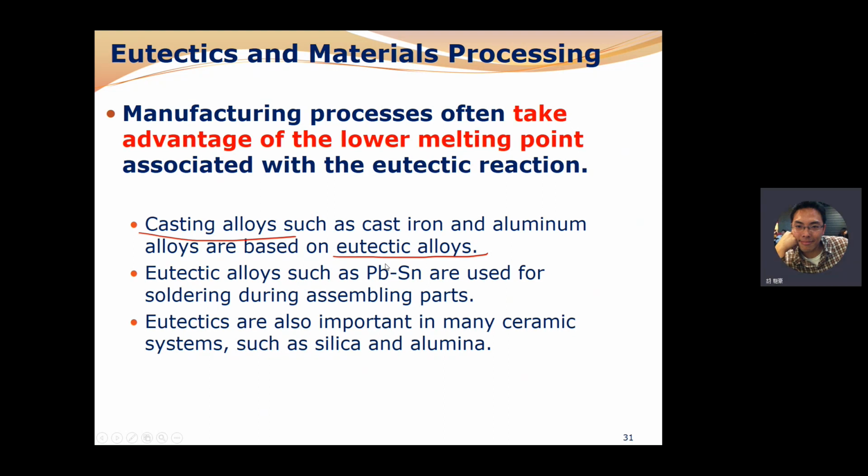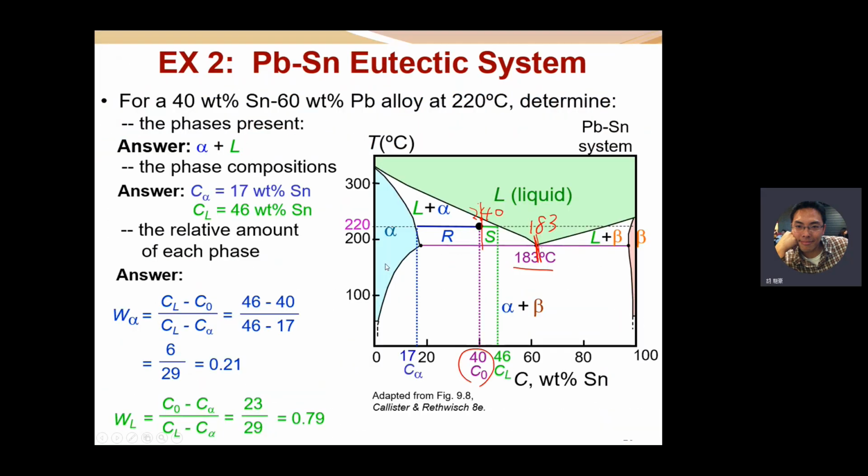If you choose hypo, that means we have a two-phase region. Let's look at this figure again. For casting, we specify the eutectic composition because its melting temperature is the lowest.